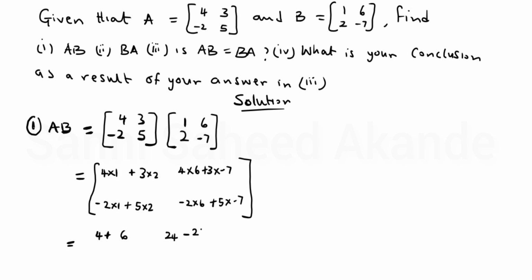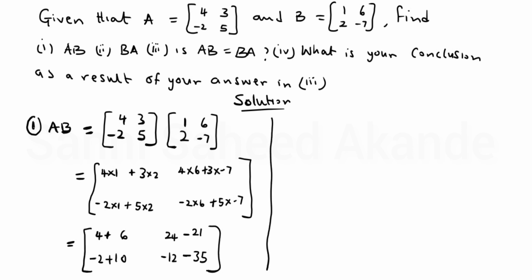Okay, so minus 2 times 1 will give us minus 2, plus 5 times 2 is 10, then minus 2 times 6 is minus 12, then plus 5 times minus 7 will give us minus 35. So let's add and subtract and see what we have.